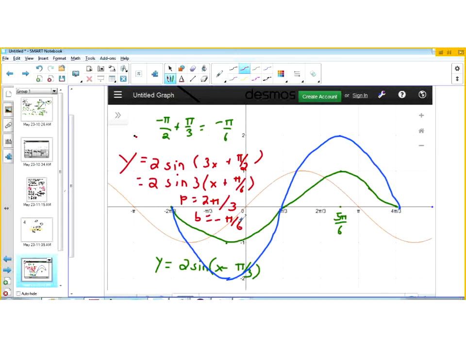So actually what you would do is you would shift this graph left pi 6. You'd shift it to the left pi 6, and the phase shift would be negative pi 6. Okay? A left shift of a graph means a negative phase shift. Okay, so don't forget those ideas. And then you would graph it just the way we did this exercise.